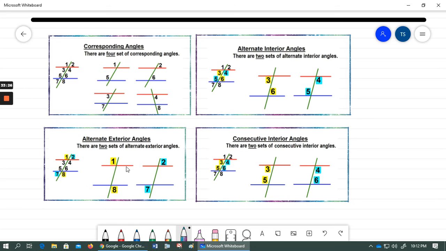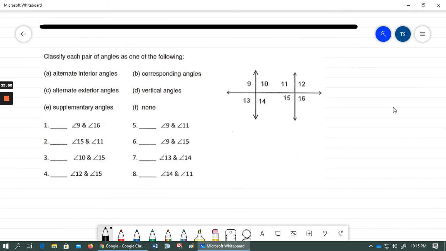If you can't tell me that you're looking at an alternate exterior angle pair, then you're not going to be able to tell me that the two alternate exterior angles are congruent when you've got parallel lines that are intersected by a transversal. But anyway, folks, I can't emphasize it enough. Okay. Anyway, next up, examples.